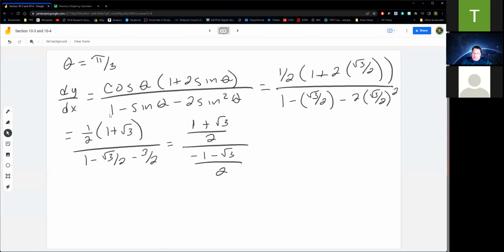So this ends up coming out to be 1 plus the square root of 3 over negative 1 plus the square root of 3, which equals negative 1. So the slope at that point of my tangent line is negative 1.